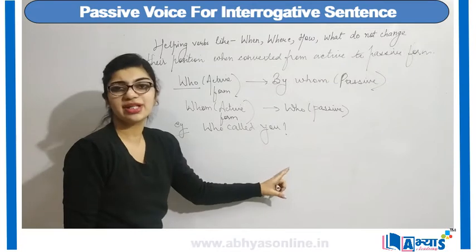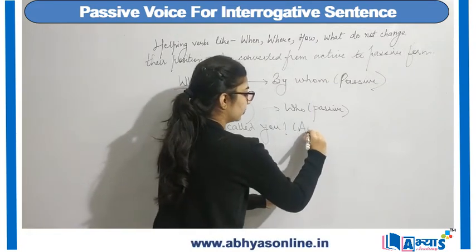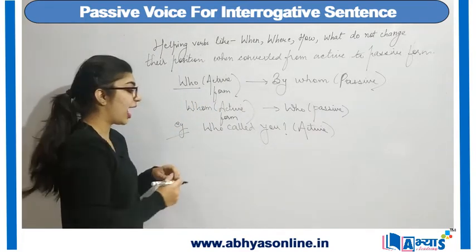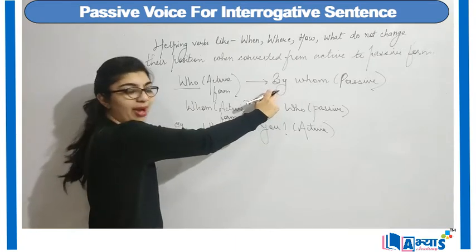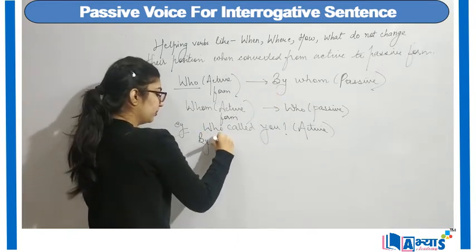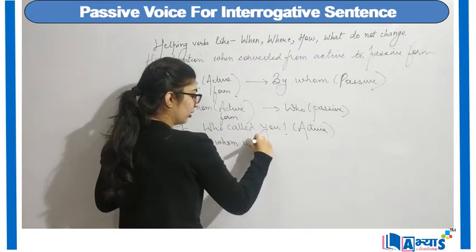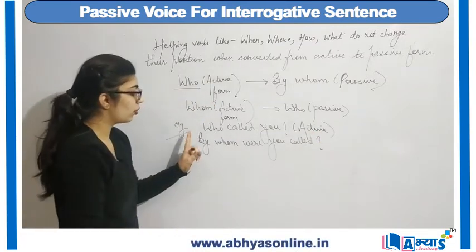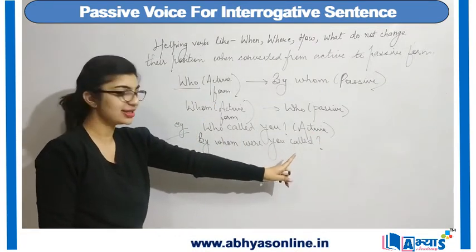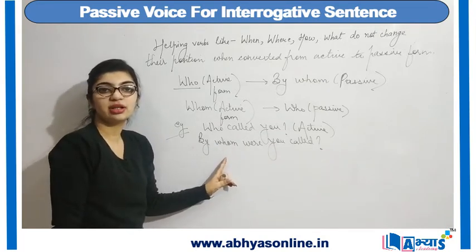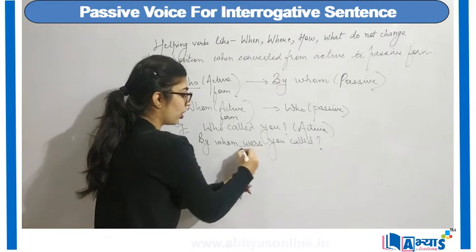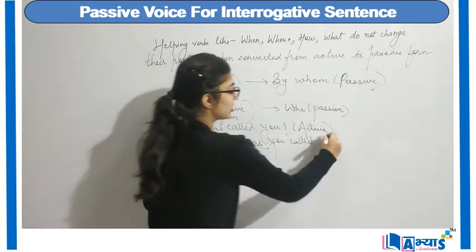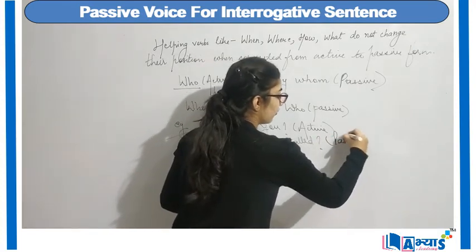Now, who called you is a simple sentence in active form. If I want to convert this sentence into passive, I will say, who gets converted to by whom. By whom were you called? Who called you is in simple past tense, and the simple past tense gets converted in passive form with the use of were or was. So, by whom were you called? This sentence is in passive form.